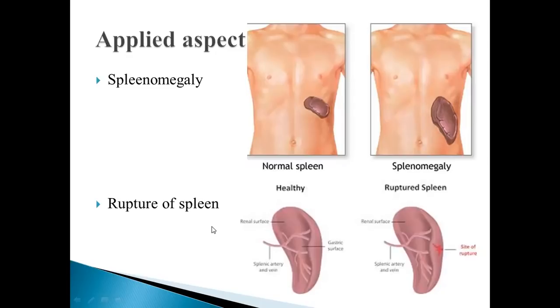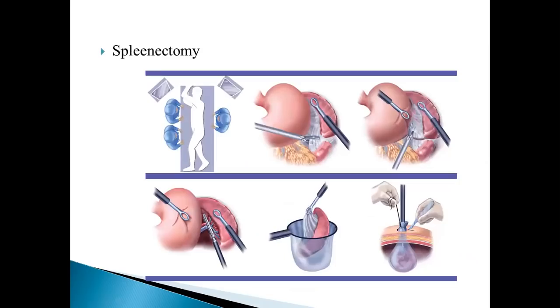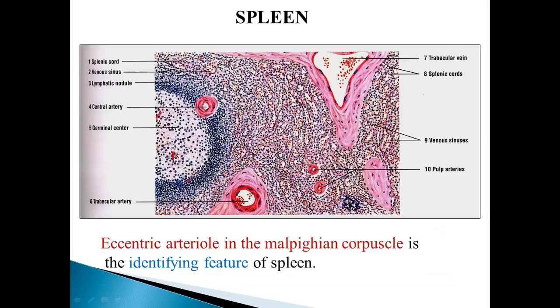Then there is rupture of the spleen, which may occur due to trauma. Due to rupture, there is destruction of the splenic tissue. There can be hemorrhage also. Splenectomy is the removal of the spleen, which is performed in conditions where there is massive enlargement or any tumors.